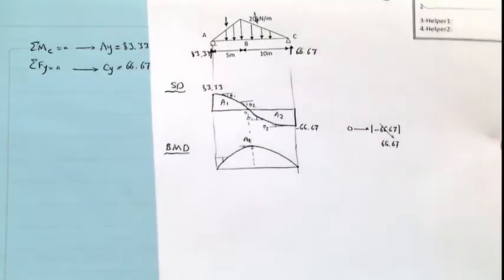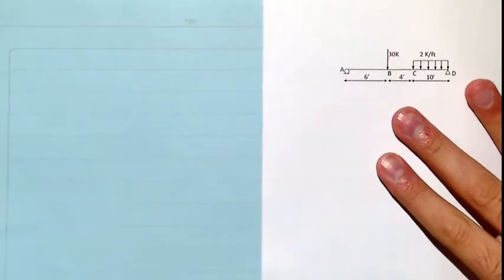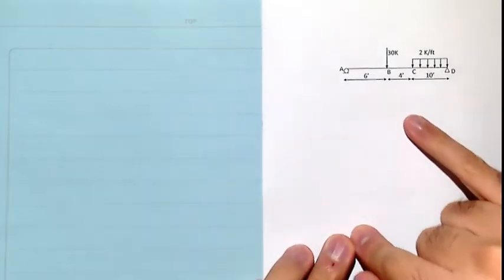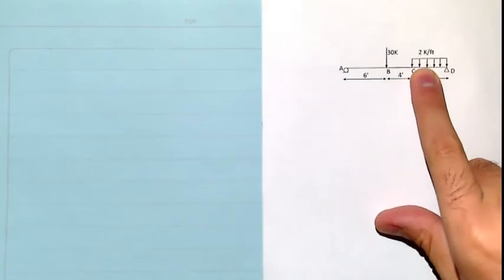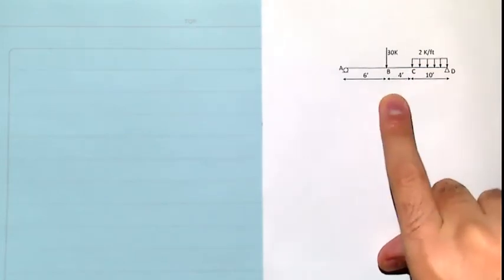The next question is related to this load. 30 kips, and 2 kips per foot, with a pin support.